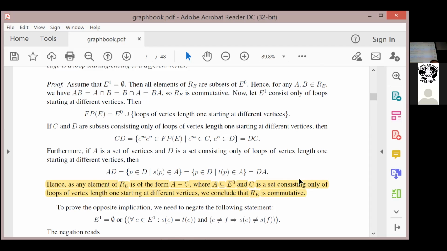One term is just commuting subsets of E0. Another term is commuting subsets of this loop part. And then I have 2 cross terms, but everything commutes. Okay. So if I have x plus y times x prime plus y prime, and x commutes with x prime and commutes with y prime, and y commutes with x prime and y commutes with y prime, then the addition commutes. Okay, so this proves that R is commutative.